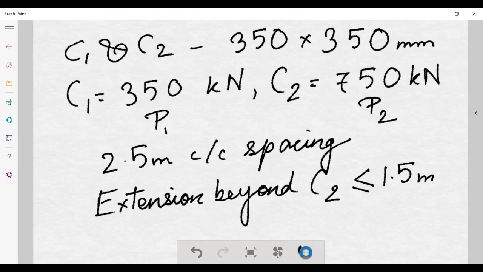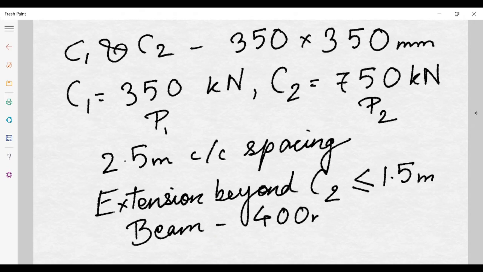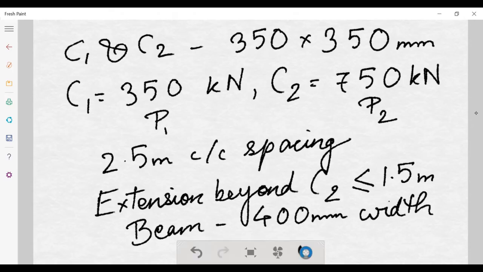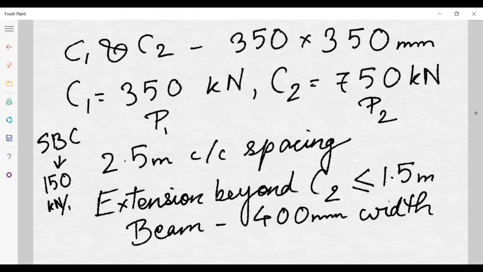Now there is a central beam of 400 mm width, and SBC of soil is given as 150 kilonewton per meter square. So this is the complete data set for the numerical.